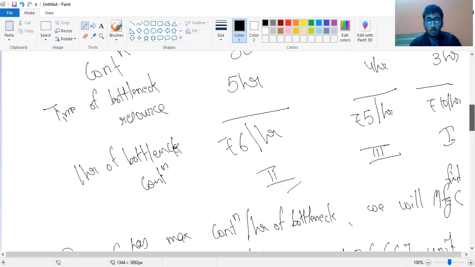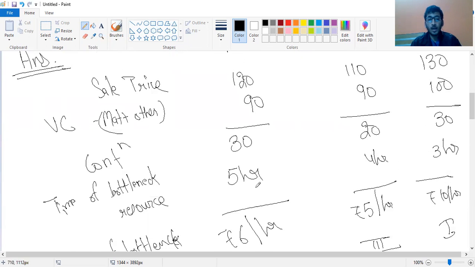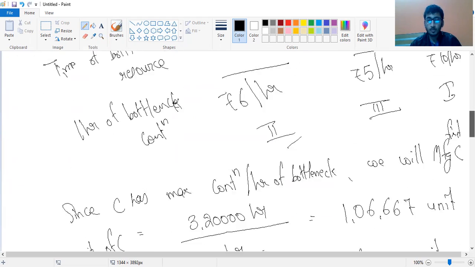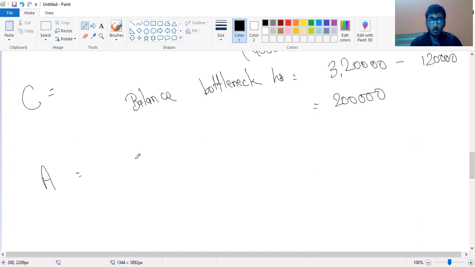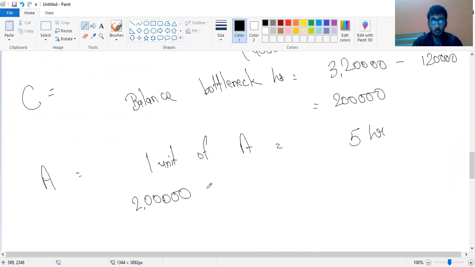Now you see that we require 5 hours per unit for A, right? 1 unit of A requires 5 hours. So out of 2 lakh hours, how many units of A can we manufacture?